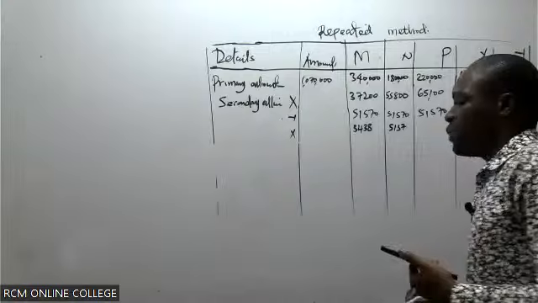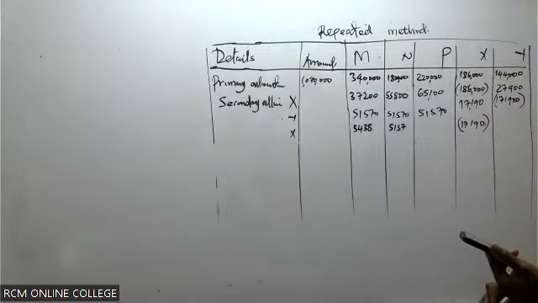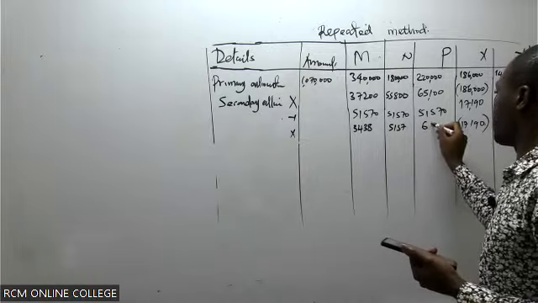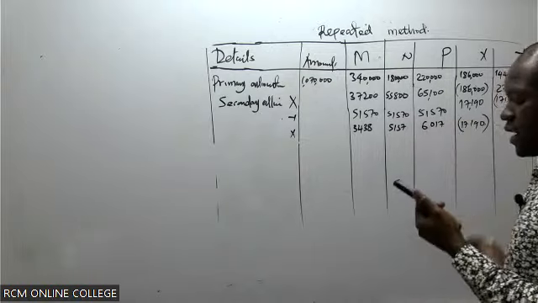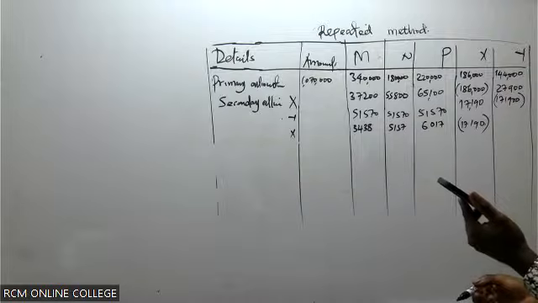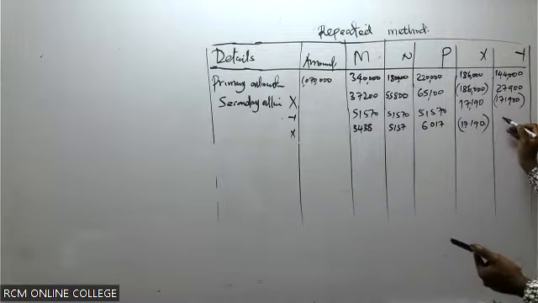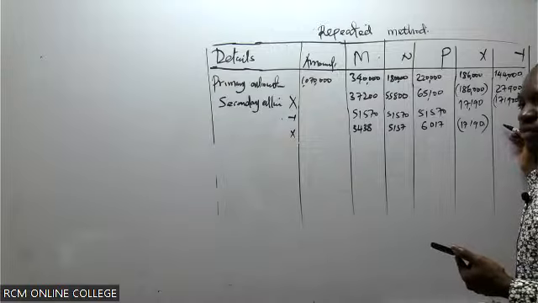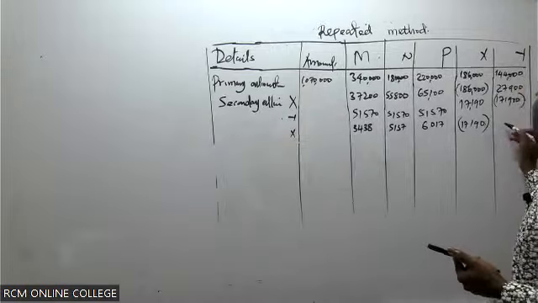How about this part P? 35% of that itakuwa ngapi? 60, 17. Then finally, Y will be receiving another 15% of this. Itakuwa ngapi hapa? 25.